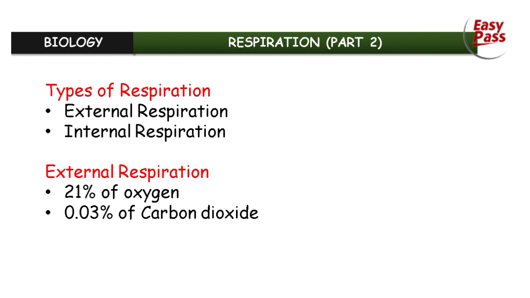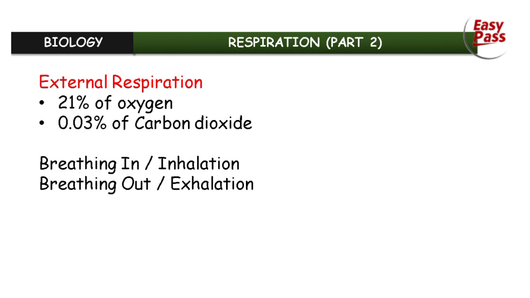Now, external respiration is just dealing with the exchange of gases. And that will lead us to the parts. What are the two parts of external respiration? The two parts of external respiration are breathing in and breathing out.